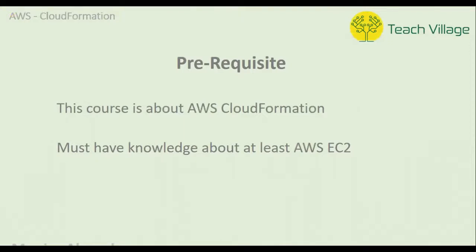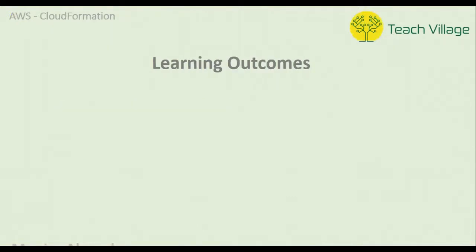This course also assumes that someone can open an account using AWS and has a computer and internet connection, because this course does not cover how to open an AWS account. So let's have a look into what we are going to learn in this course.